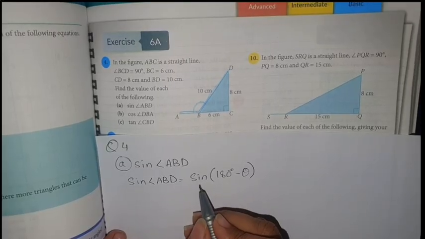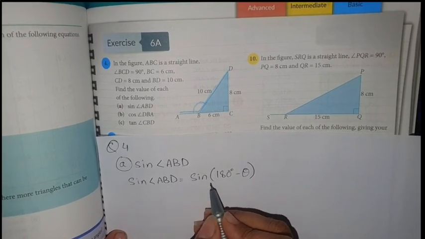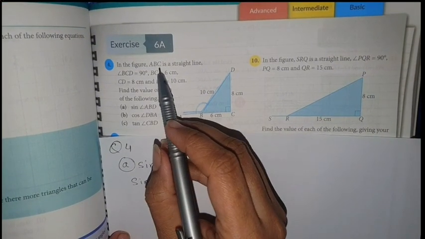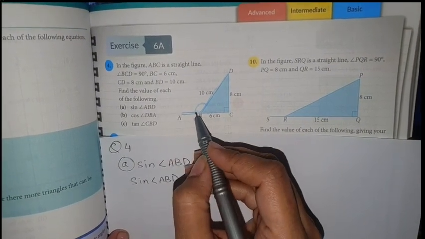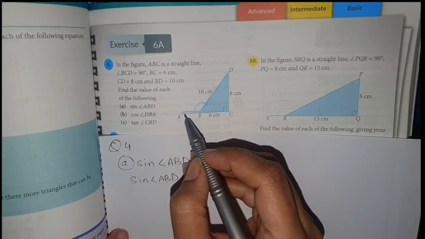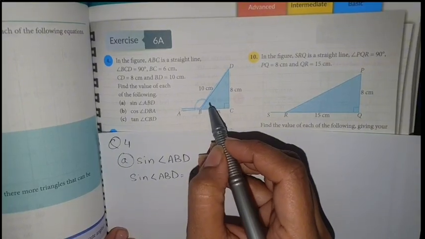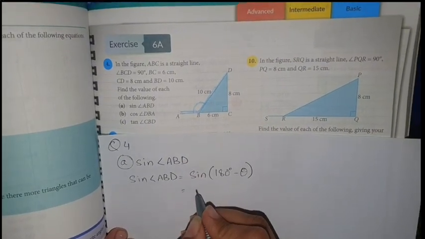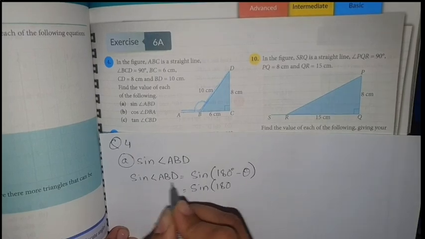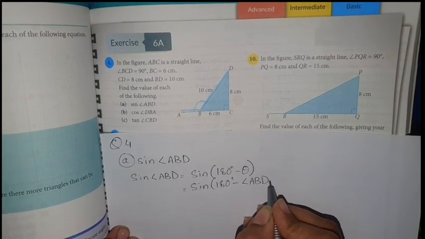Now how can we find angle ABD? You know that this is a straight line. It is given in the question that this is a straight line, and a straight line is equal to 180 degrees. If we subtract angle ABD, we'll get the angle BCD. So I'm going to write sine of 180 degrees minus angle ABD, because we don't know the values.